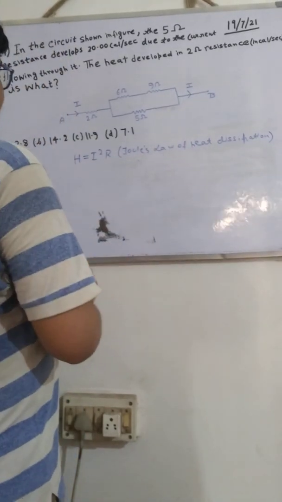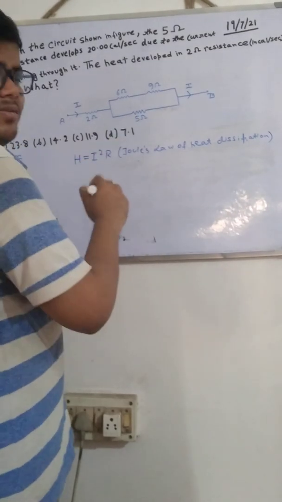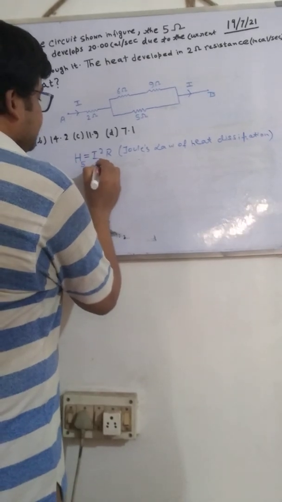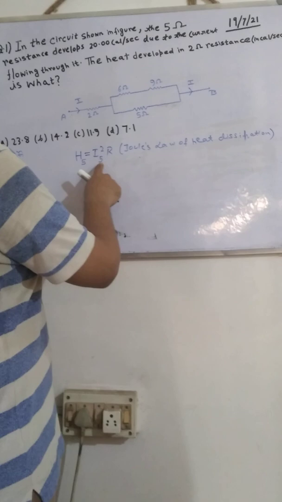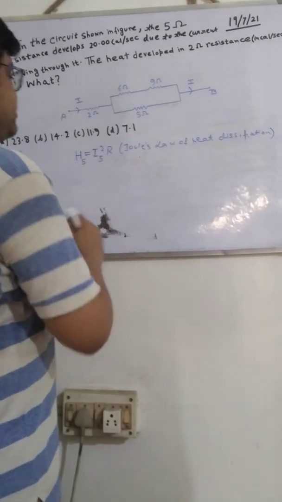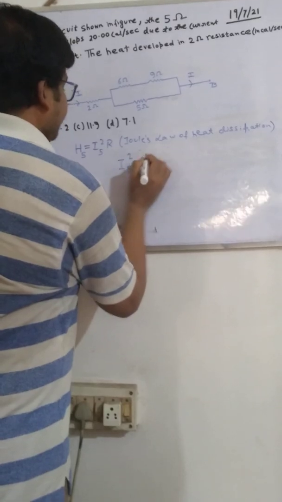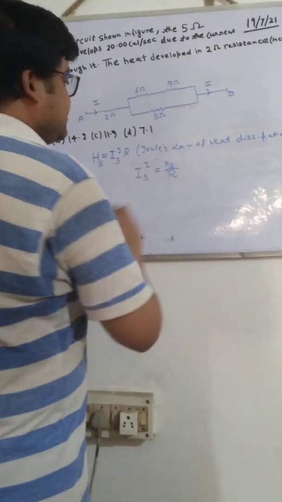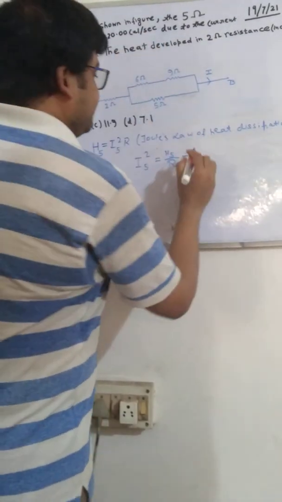Now I am using a suffix 5 over here because we want to calculate the current through this resistor. So I am writing a 5 in the suffix. So I5 square is equals to H5 by R. Now H5 is given as 20 calorie per second.